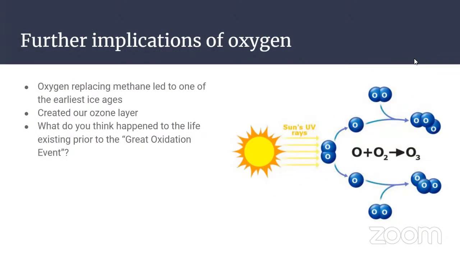In addition to the fact that oxygen is just important for us to breathe, so we really care about it, there are more implications for what oxygen is doing in the early Earth and how it's creating a current condition. So before we have oxygen in the atmosphere, we had a lot of methane gas.